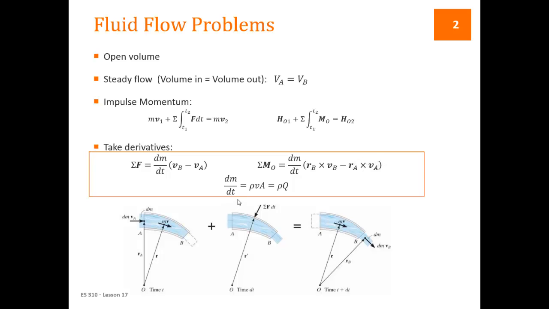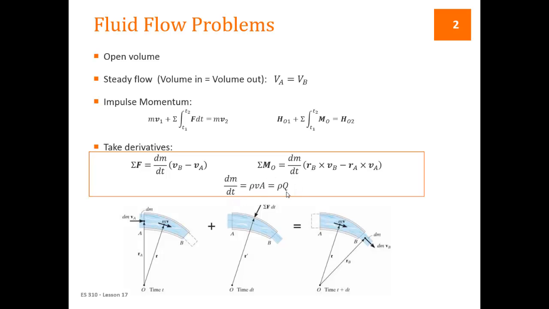Another way of writing this time rate of change of mass comes about through looking at the density and the velocity of the fluid that is flowing through our system. The velocity of the fluid times the area would give us a volumetric flow rate, which times the density gives us a mass flow rate.